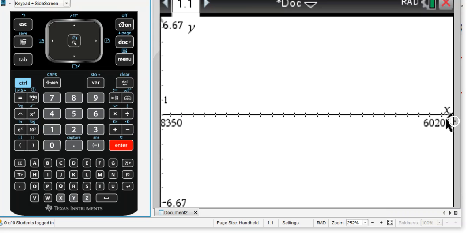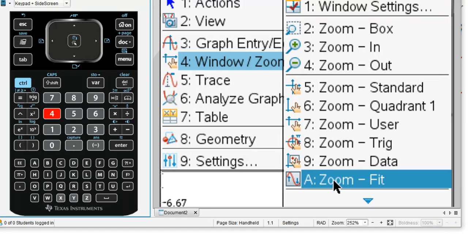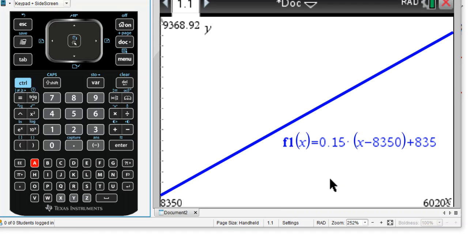So this has established my left and the right-hand boundary on this graph. If I go back to the menu, choose Option 4 for Window, and this time select Zoom Fit, which is Option A, I can move down with my cursor to select A, or I can just tap A on the keyboard. That's going to automatically change the y coordinates to fit the x coordinates that we've selected.